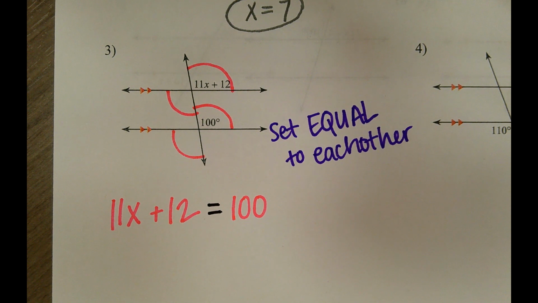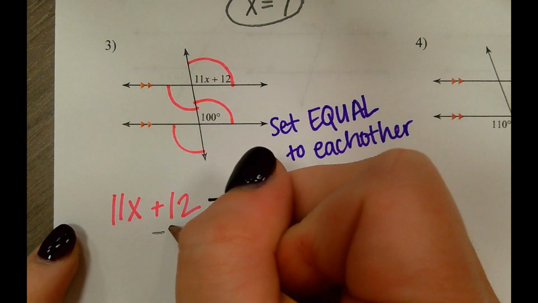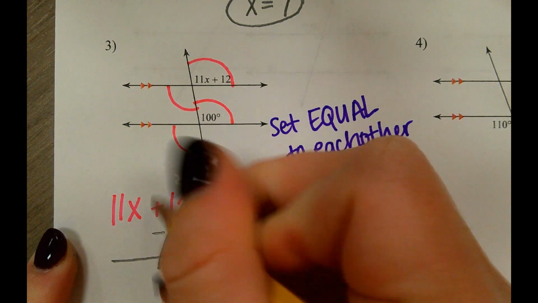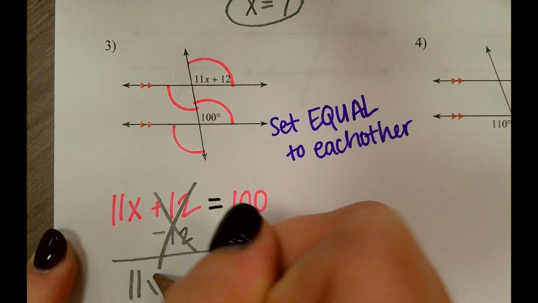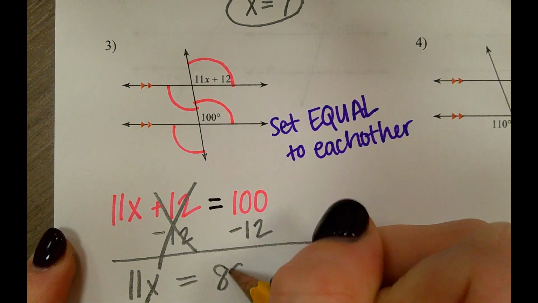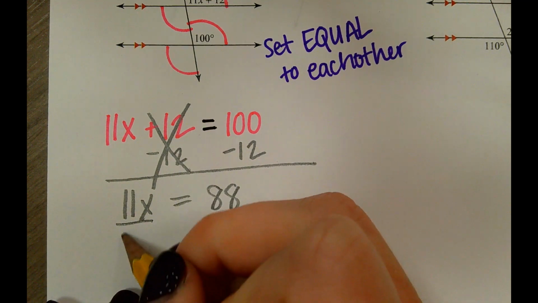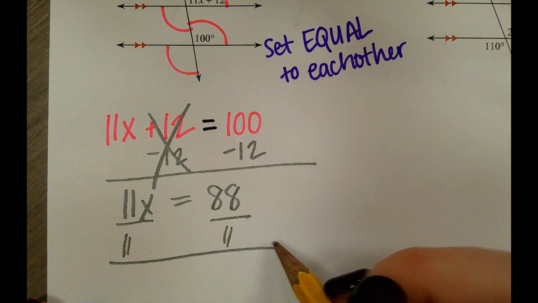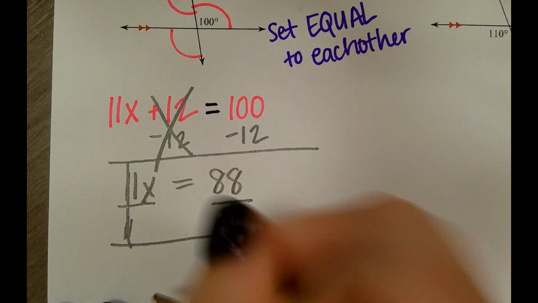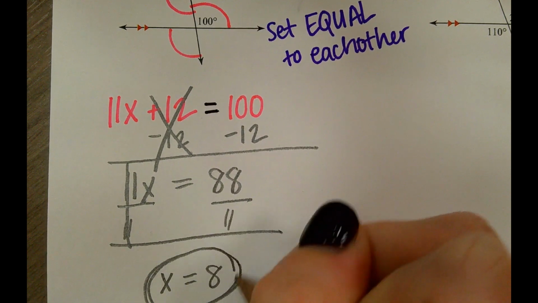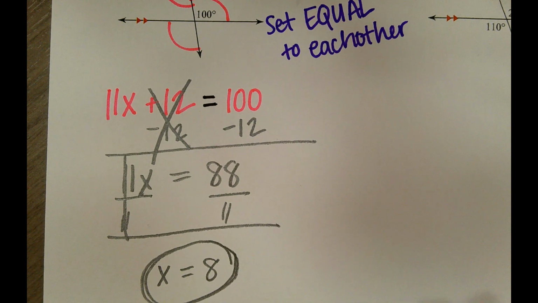Okay, and what would I do from here? Now I have my equation set up. Subtract 12 from both sides. Good, 11x equals 88. Good, divide by 11. X equals 8. Perfect.